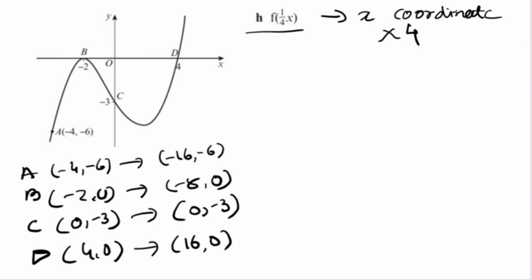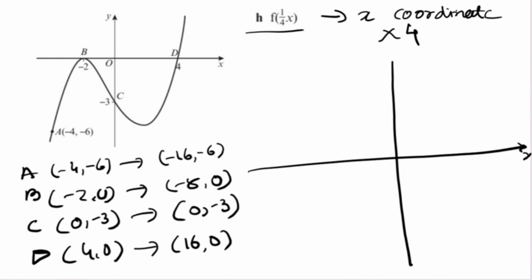Now let's sketch the graph. X coordinate, y coordinate, right? Okay. So first put the point A, which is minus 16, minus 6. Suppose this is minus 16 and minus 6 is somewhere here. So we will get point A here. We will get point B, minus 8, 0, somewhere here.